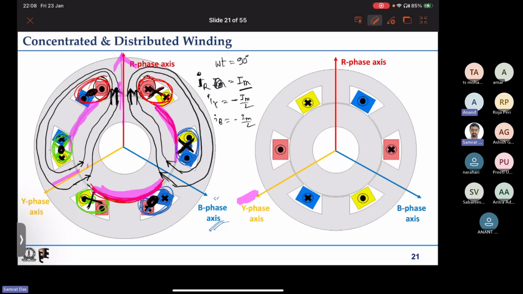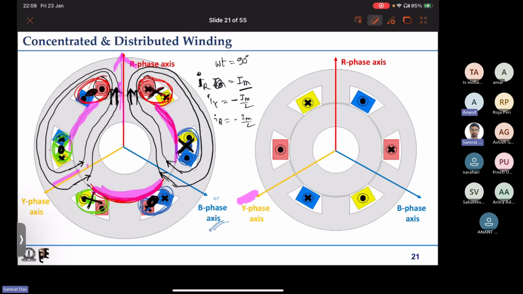Now the face you have marked with that pink arrow, right? Here the left side you indicated as a cross and the right side as a dot. If I swap that, my flux direction will change towards the downside, correct? Yes. Then accordingly we have to change the R, Y and B phase.